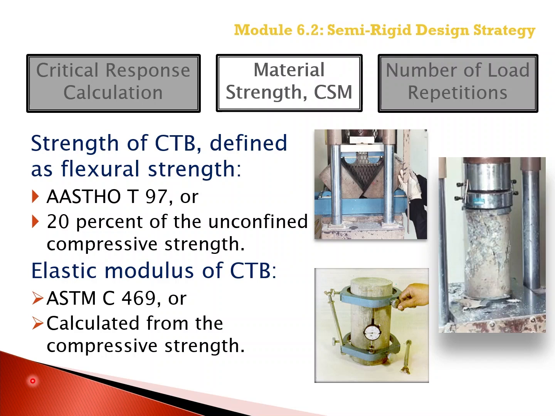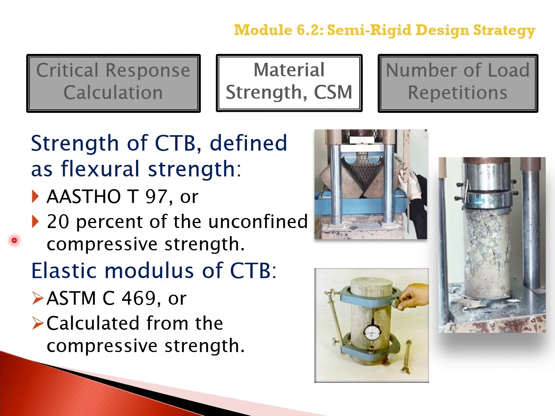The MEPDG, or the Pavement ME design software, also provides some regression equations or rules of thumb for estimating the flexural strength as well as the elastic modulus from the compressive strength.